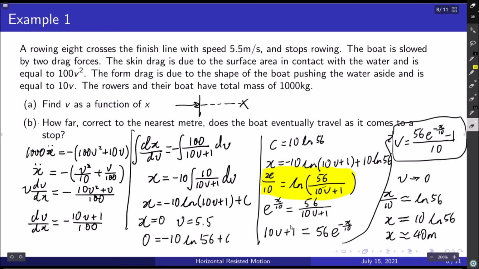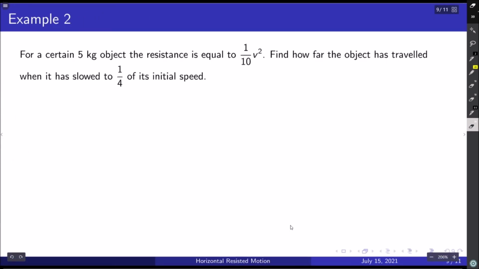Okay, now let's have a look at the next example. Here, a 5 kilogram object is resisted. So we can write it as 5 x double dot equals negative 1 over 10 v squared, because it's in the opposite direction.